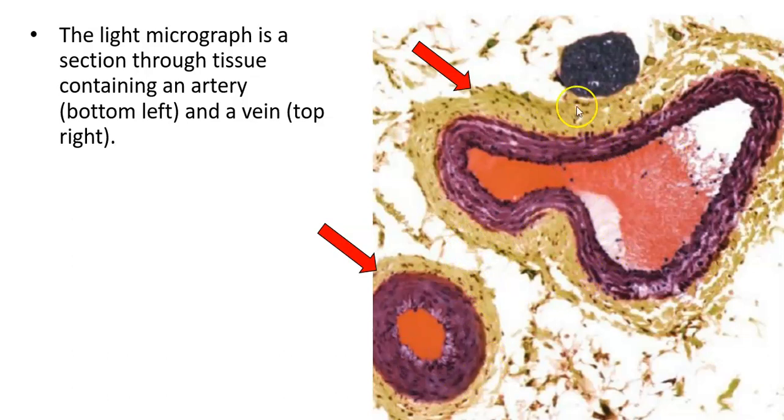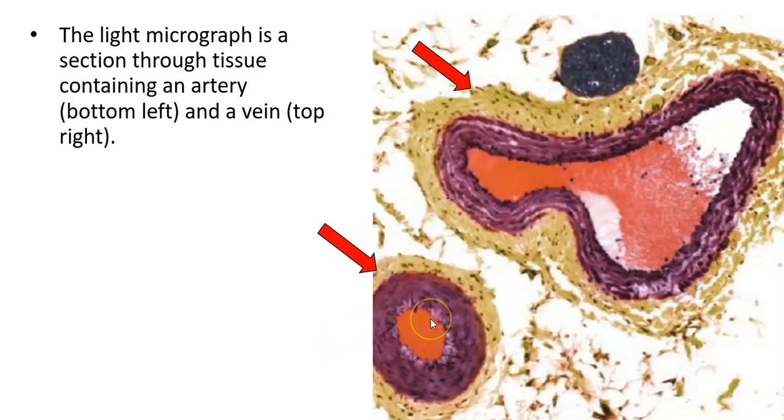The one that you can see in the bottom left is the artery. Why is it the artery? Because the artery is the place where blood is pumped from the heart, taking blood away, and it is very near to the heart.